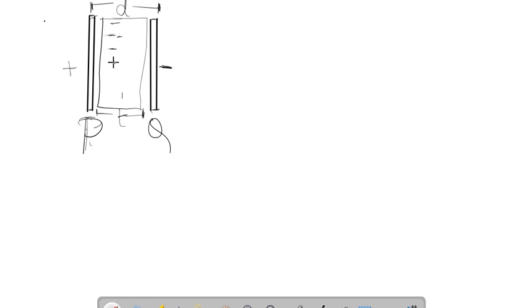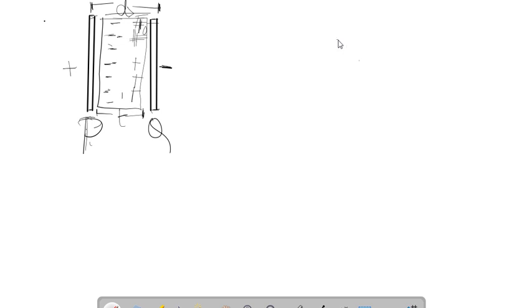Due to polarization of the electric charges, these charges will get separated like this. Now the electric field will be denoted as E naught. Due to polarization, equal and opposite induced charges appear on the two faces of the dielectric slab.